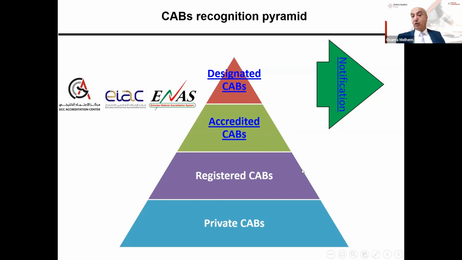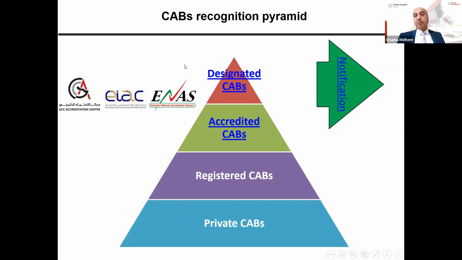Then, these bodies have to meet specific general requirements. I can say it's light accreditation, but sometimes it's very stringent requirements. Now, for a little bit higher level with more risky areas, we also have accreditation. So accreditation is mandatory for risky areas, and it's voluntary for the rest.